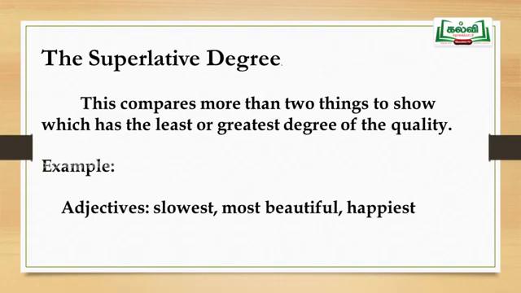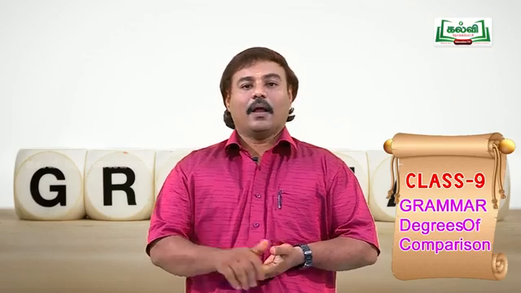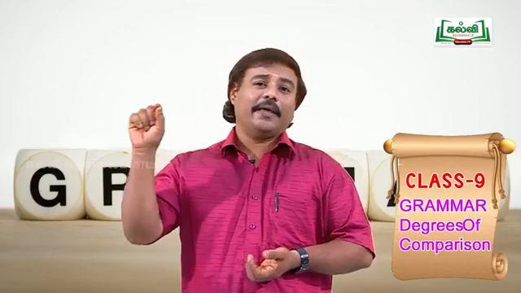The next degree we will see is superlative. This compares more than 2 things. In comparative degree we use only 2 things. In superlative degree we use more than 2 things, which have the least or the greatest degree of the quality. Slowest, most beautiful, happiest. Ram is the happiest boy in the class.